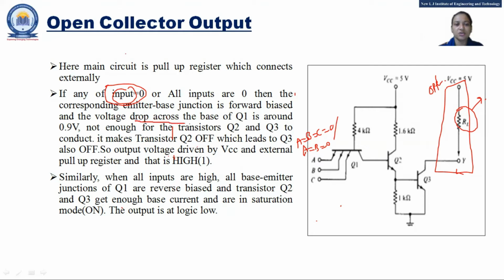The voltage drop across Q1 is around 0.9 V, and not enough current is there to turn Q2 and Q3 on, which leaves Q2 and Q3 off.